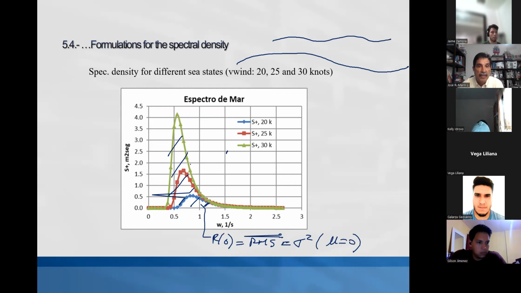So immediately we see that when we have 30 knots, the area is much larger than under the green, and the red than under the blue. Okay, people, are there any questions about this?